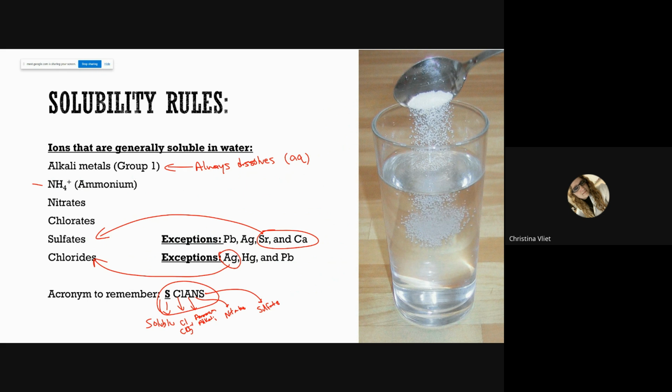Nitrate. Anybody want to test the nitrate? Is that your hand up first? Yeah, just dump it. Go ahead and dissolve it in water. Try not to touch that. Yeah, throw it in the water and dissolve it.